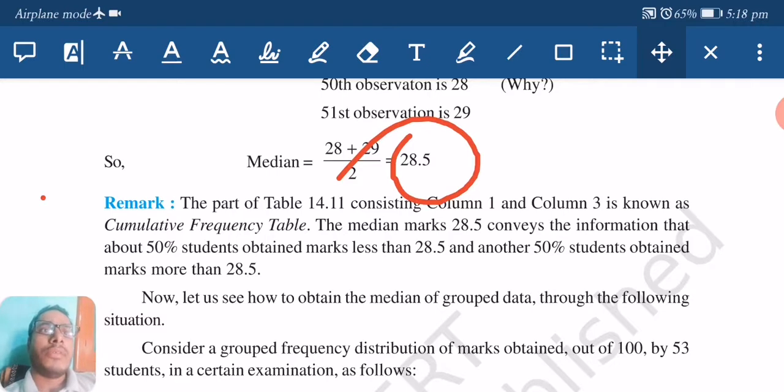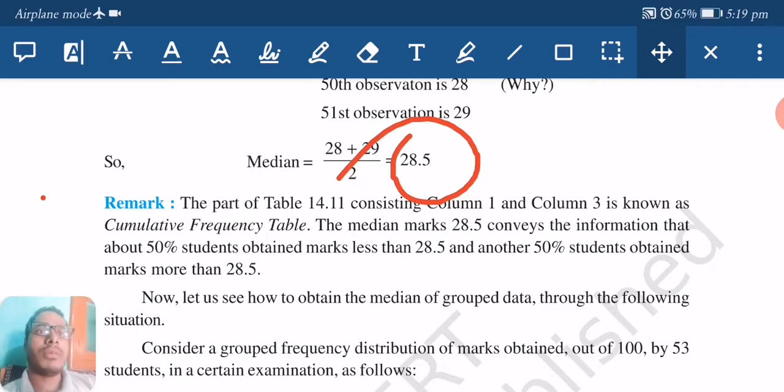From the given information, the median we have got is 28.5, so that is the median marks. It conveys that about 50% of students obtain marks less than 28.5, and another 50% of students obtain marks more than 28.5. So less than and more than. This is what table 14.11, consisting of column 1 and column 3, is known as a cumulative frequency table.